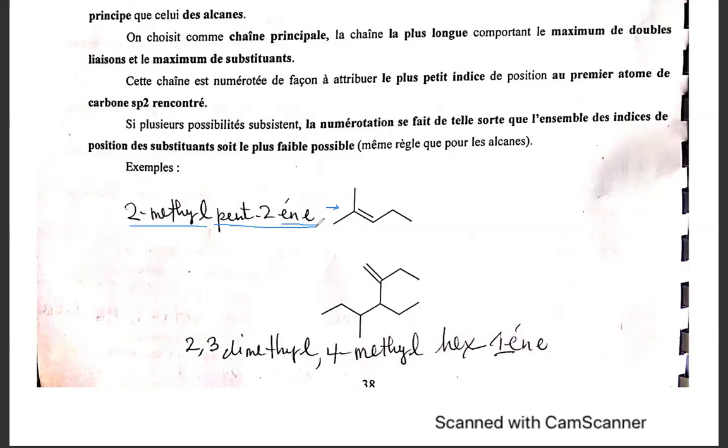The parent chain is the chaîne principale. C'est la même chose. So now this here is what we are calling a methyl substituent. It's a methyl substituent and is found at position number 2. This is the 2 we are seeing here. And the position of the double liaison is also found at position number 2.